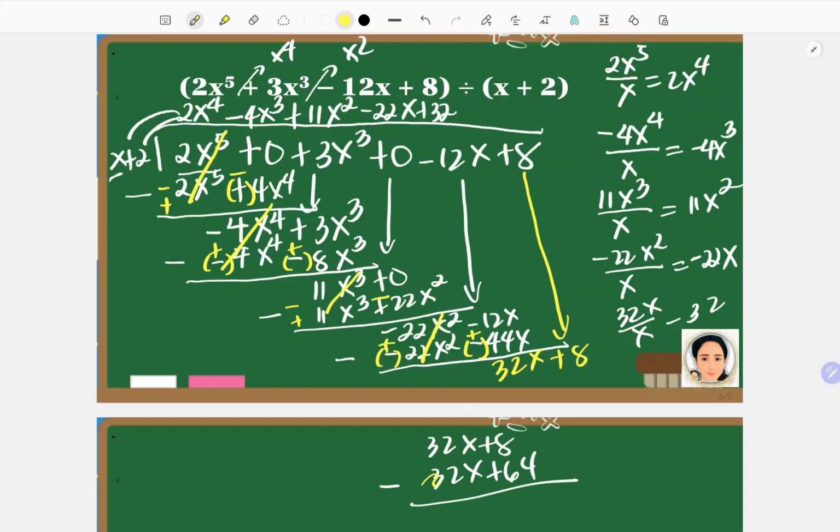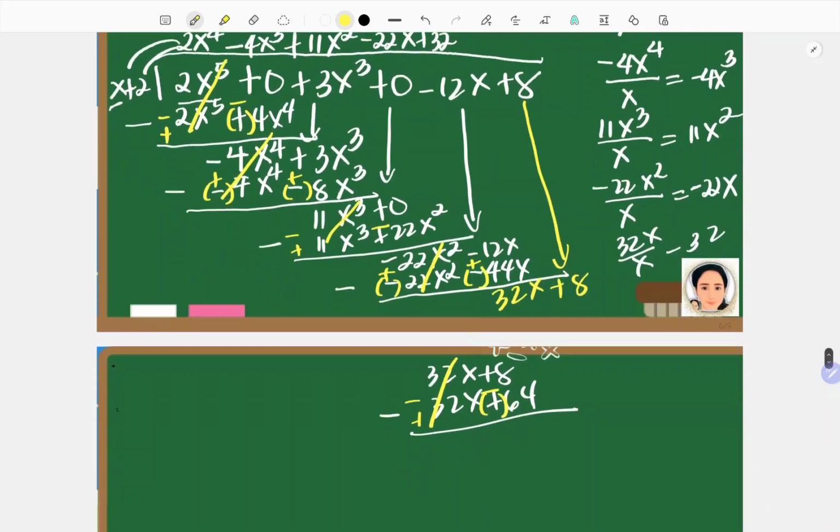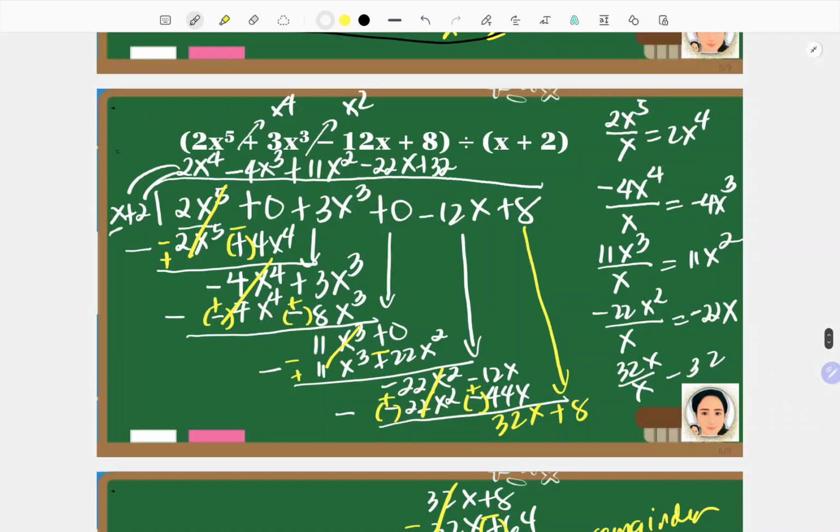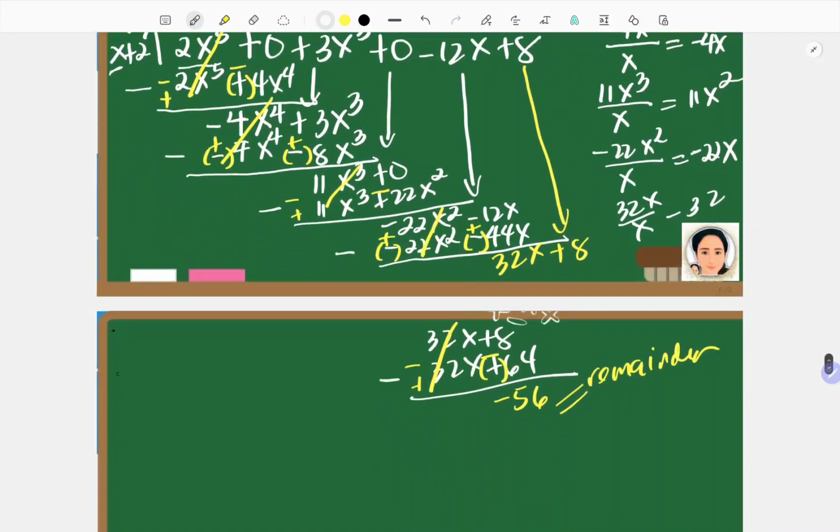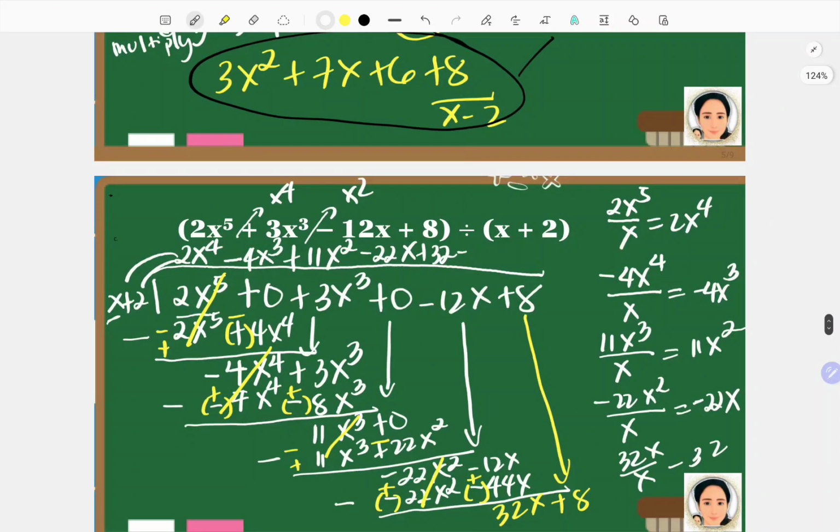Change the sign. Cancel. Change the sign. So, your answer is negative 56. Okay, 56. This is our remainder. So how to write your remainder? So we have negative. So write negative 56. Then over the divisor, x plus 2. And this is our answer.